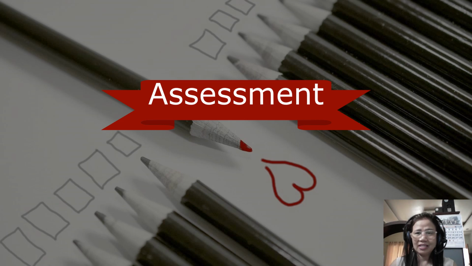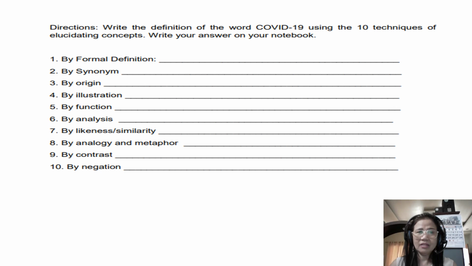For your assessment, write your answers on your notebook. All right, this is the direction. Write the definition of the word COVID-19 using the 10 techniques of elucidating concept. By formal definition, how can you define COVID-19? What is the definition of COVID-19 according to Google or different types of dictionary? By synonyms, what are the synonyms for COVID-19?